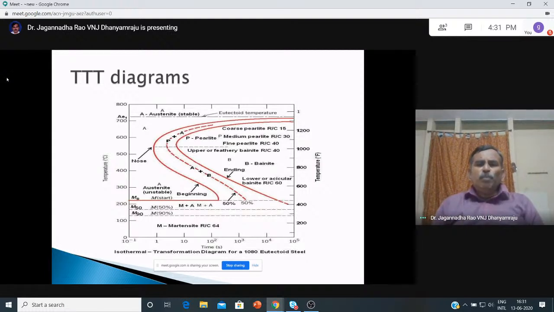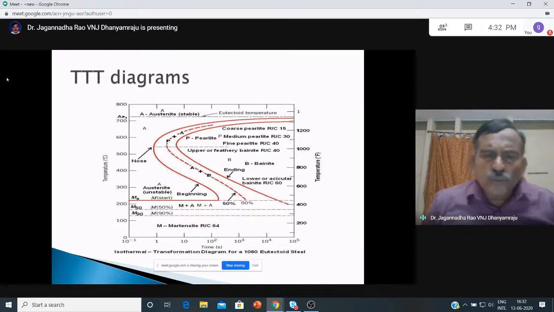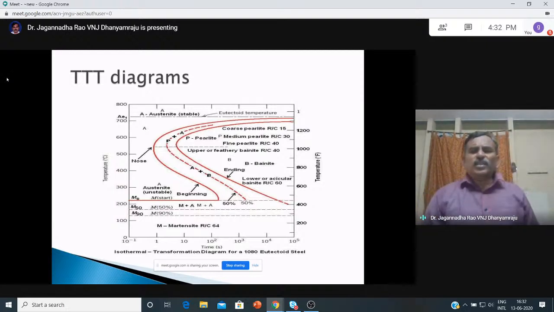And if you cool still faster, you will get fine pearlite. And still faster, you will get upper or feathery bainite. With more cooling rate, you will get bainite, and with still more cooling rate, you will get acicular bainite. So these are the transformation products.